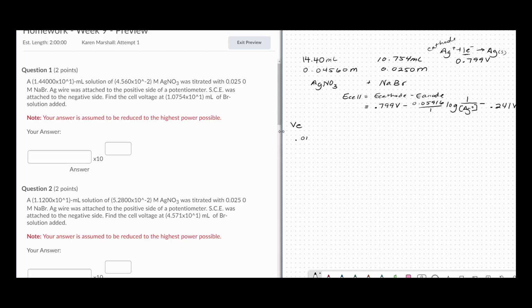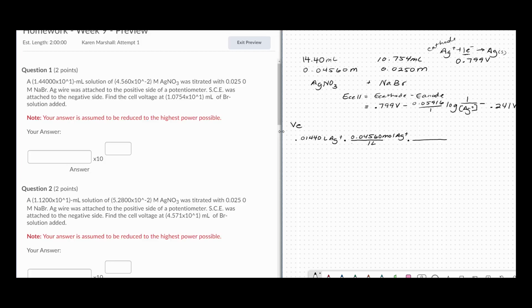We will start with the volume of our silver solution, and I always convert my volumes into liters. So then I can use my molarity. So that's moles of silver per liter of silver.